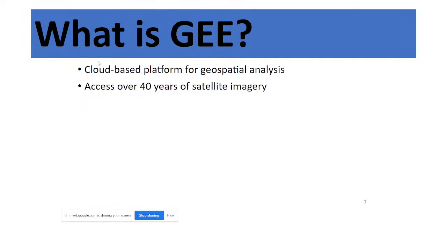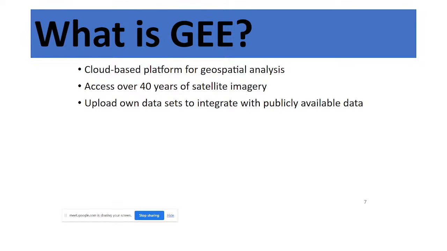Every cloud-based platform has its own server, and Google Earth Engine also has its own server. On this server, all of the satellite imagery and the data catalog are stored. You can also upload your own datasets to this server and work with them.